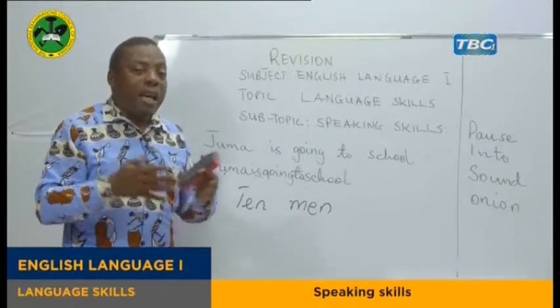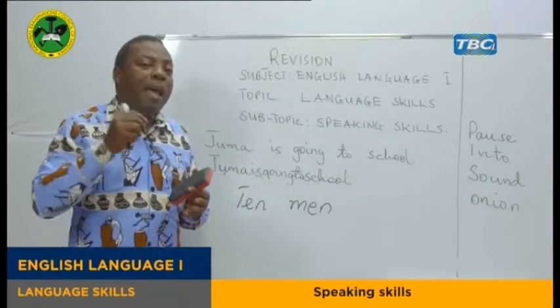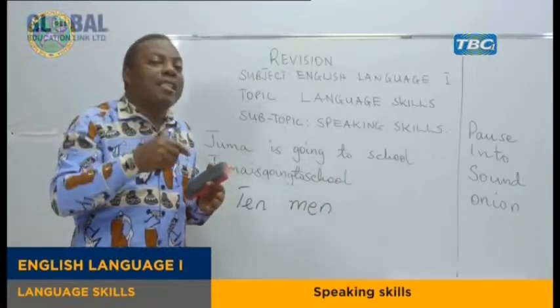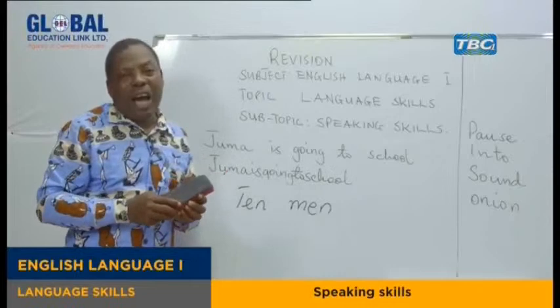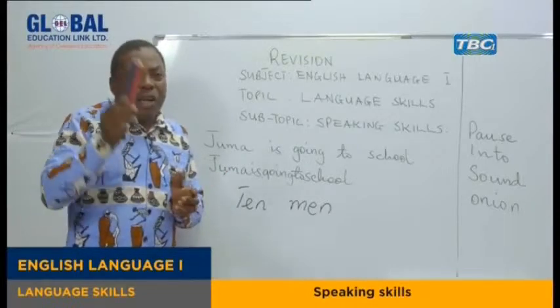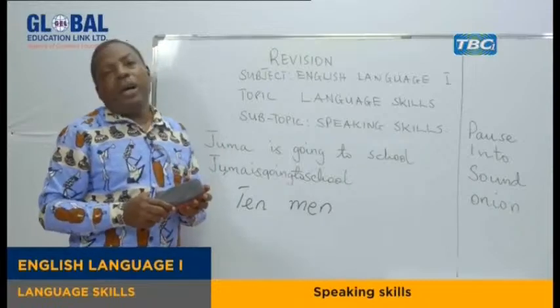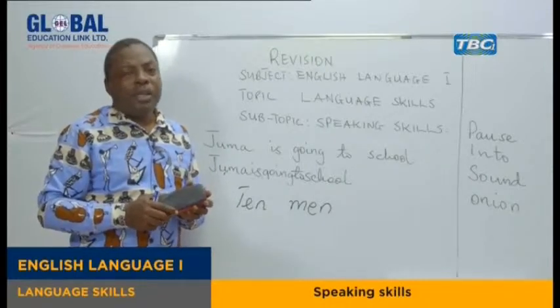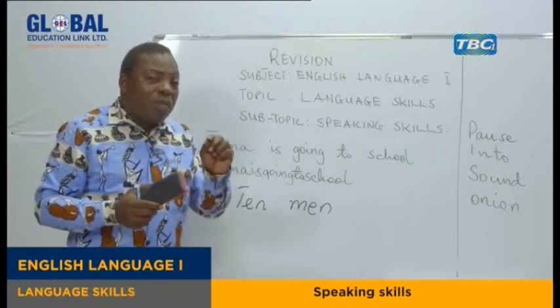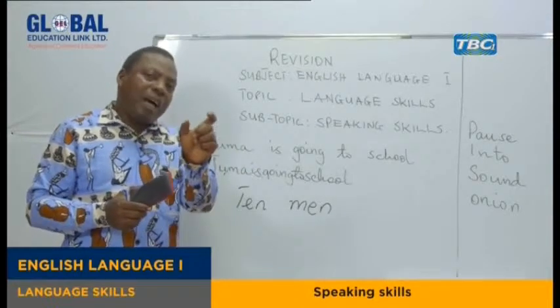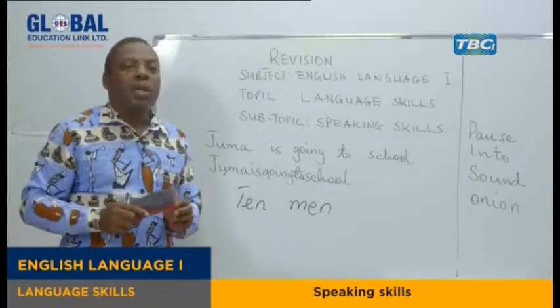And in that case, in speaking, we find that the following sound has more or less the same behavior as the previous sound. So it's like one sound trying to take the qualities of a previous sound. So in speaking, we call this assimilation. So the traits which are in one sound are being taken to the other sound.